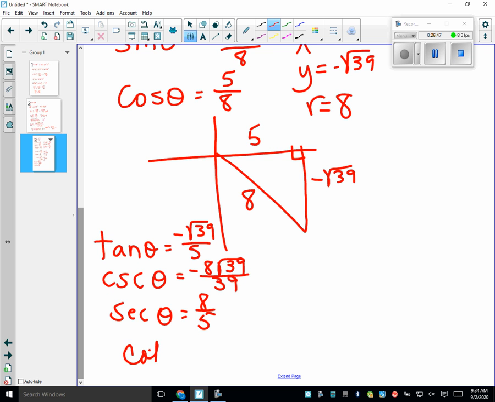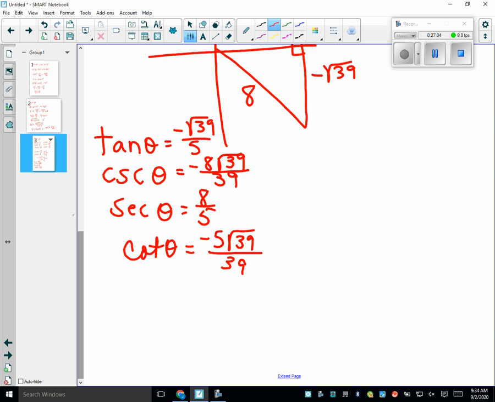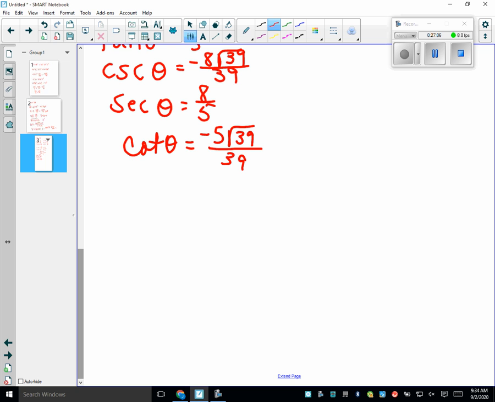And what is the cotangent? Negative 5 radical 39 over 39. Good with that? Yes. 16.